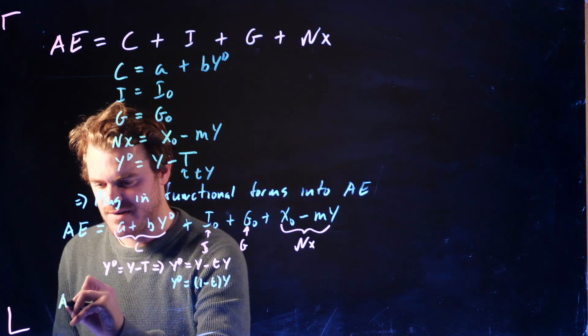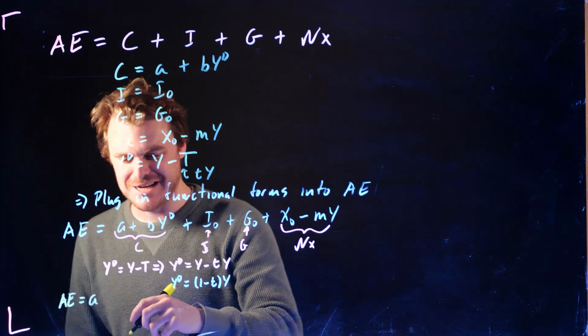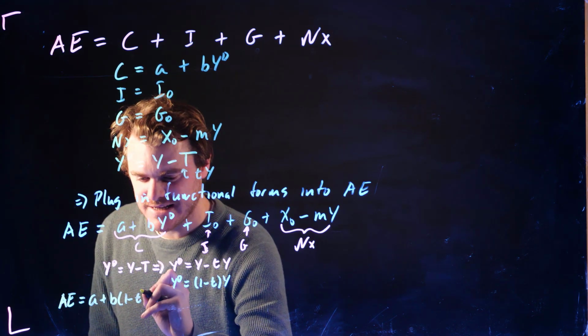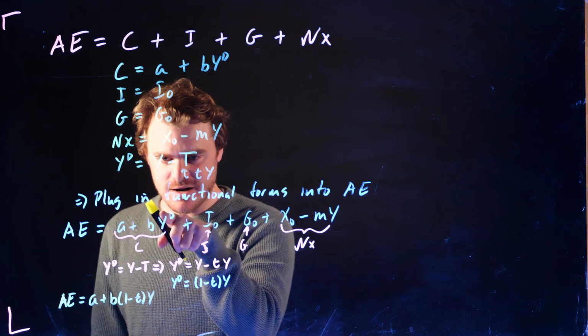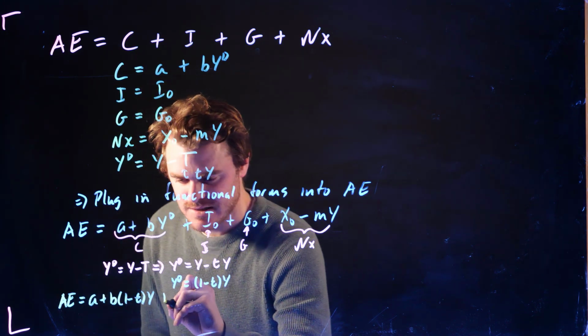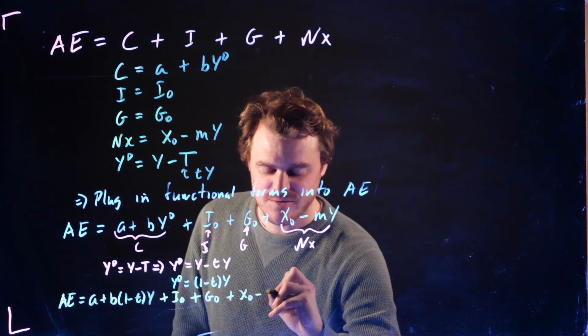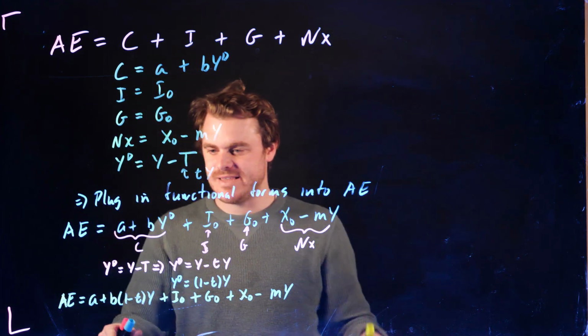So now we have AE, and I'll rewrite this, equals A plus B times 1 minus T times Y, just plugging in this right here into that YD, plus I0 plus G0 plus X0 minus M times Y. All right, so hopefully we can see that on the screen.